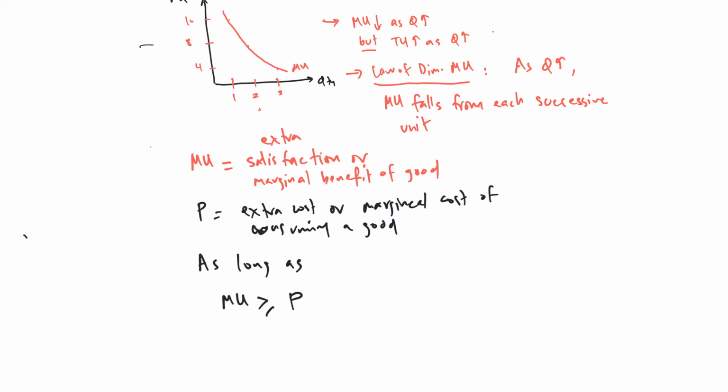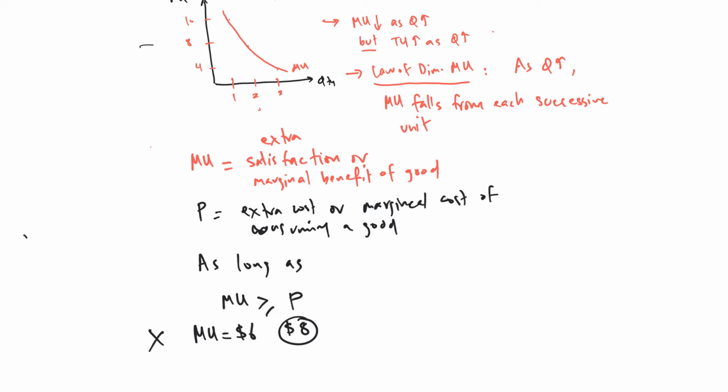What do we mean by this? Let me say this. What if I tell you the price of the good is, let's say, $8 and the MU is, for example, worth $6? You will never buy the good. Why? Because the cost of the good is more than the satisfaction you get from it. But if your satisfaction is more than or equal to the price, you will still buy the good.